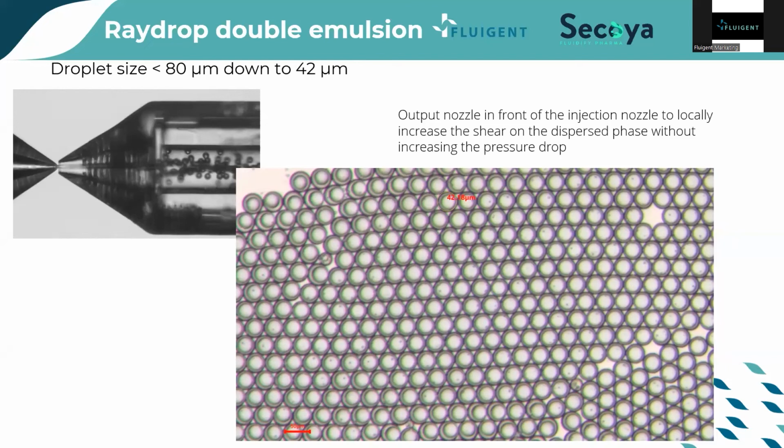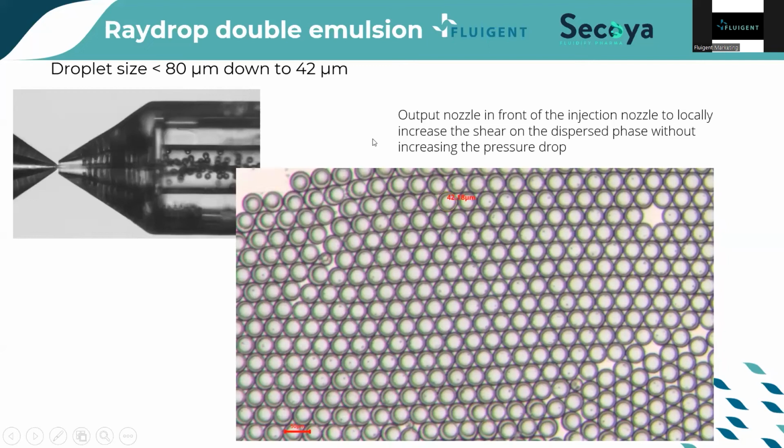And there is huge interest when you want to encapsulate other types of ingredients such as cells, living cells. It's really important to have, for example, in fact sorting, when you want to sort inside vials, you need to have small double emulsions. So we are working on a new, different geometry, and we are able to go down to 40 micrometer double emulsions.